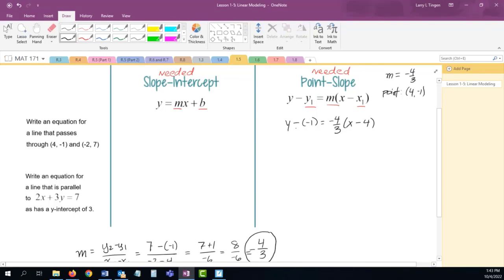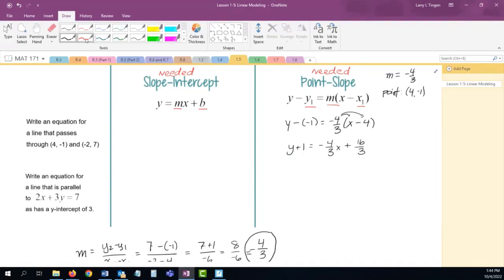So solve this for y, and you're going to get this in slope-intercept form. y minus negative 1 is y plus 1. Distribute on the right that negative 4/3. So that's negative 4/3 x. Negative 4/3 times 4 is negative 16/3, minus negative 16/3 becomes plus 16/3.